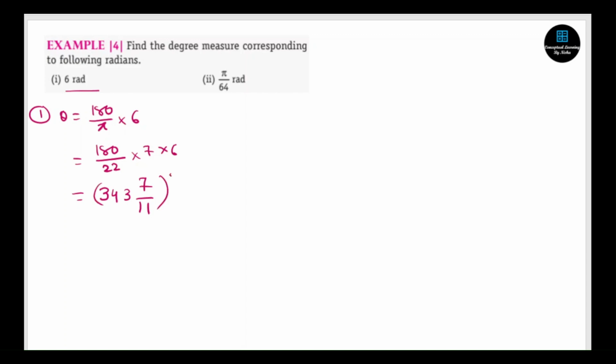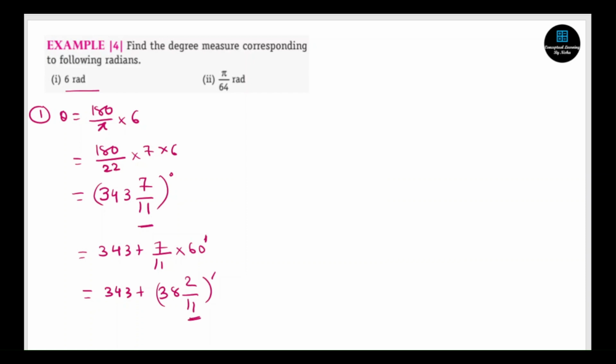This is in degrees. Now this fraction part, I can write this as 343 plus 7 over 11. And this 7 over 11 we have to convert into minutes. When I simplify this, we'll get 38 2 over 11 minutes. Alright, these are in minutes.